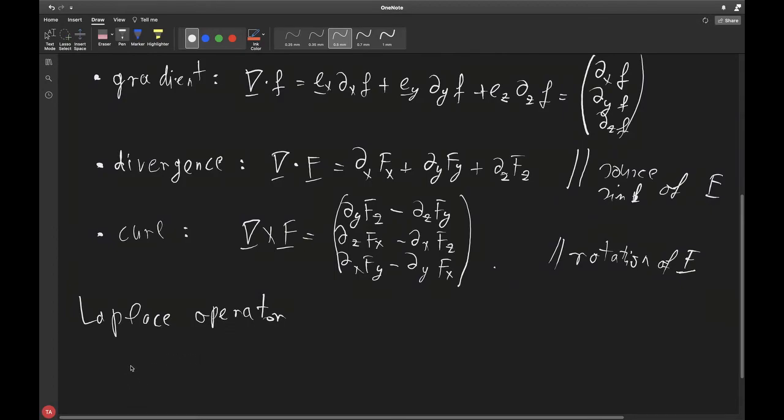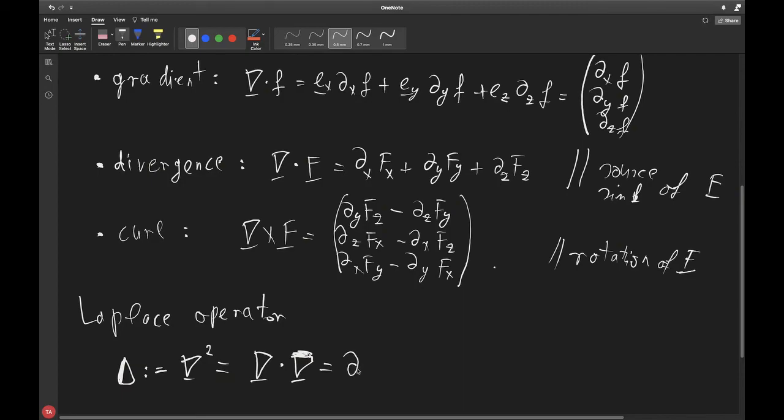The Laplacian is denoted as a triangle, and it is defined to be the square of nabla. What does a square mean? That means that we multiply nabla with nabla. It's a dot product, vector times vector is going to be a scalar. So this is a scalar operator in that sense.